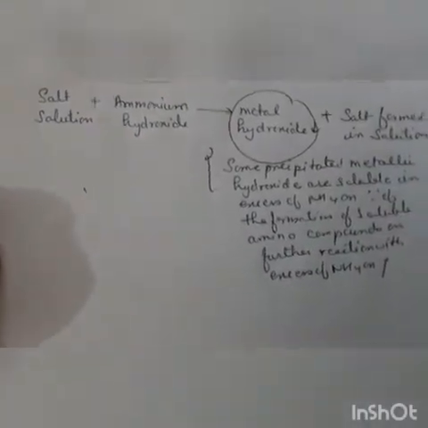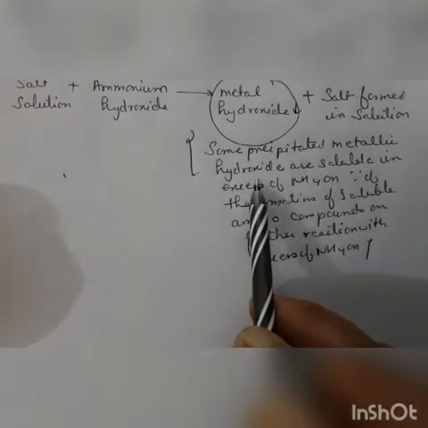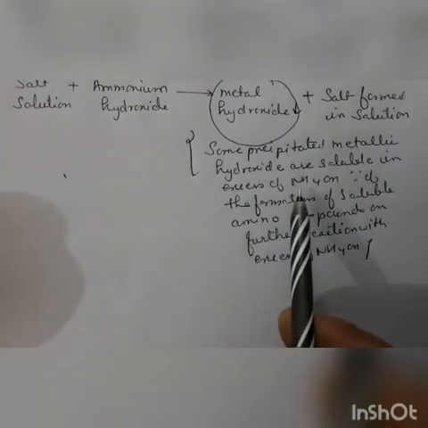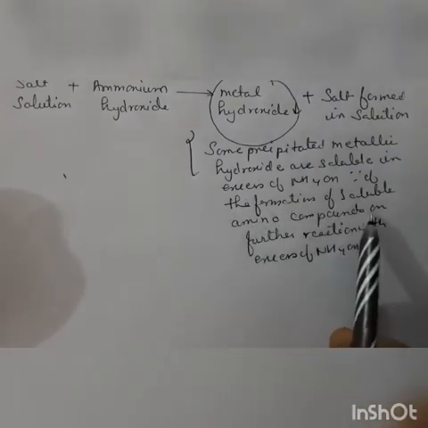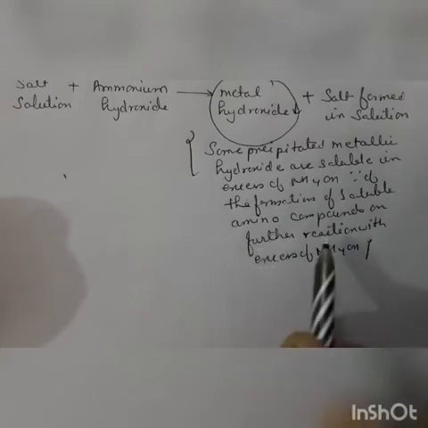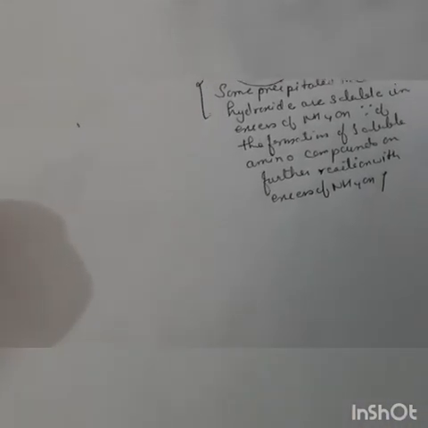So this is very important that some of the precipitated metallic hydroxides are soluble in excess of ammonium hydroxide because of the formation of soluble amino compound on further reaction with excess of ammonium hydroxide.